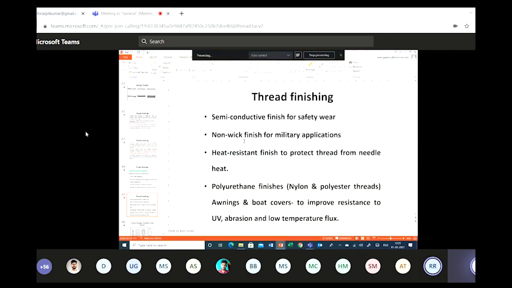And for the non-wick finish available for military applications, for example, if a soldier is deployed in Siachen Glacier, the temperature is sometimes -40, and a lot of snow falls.